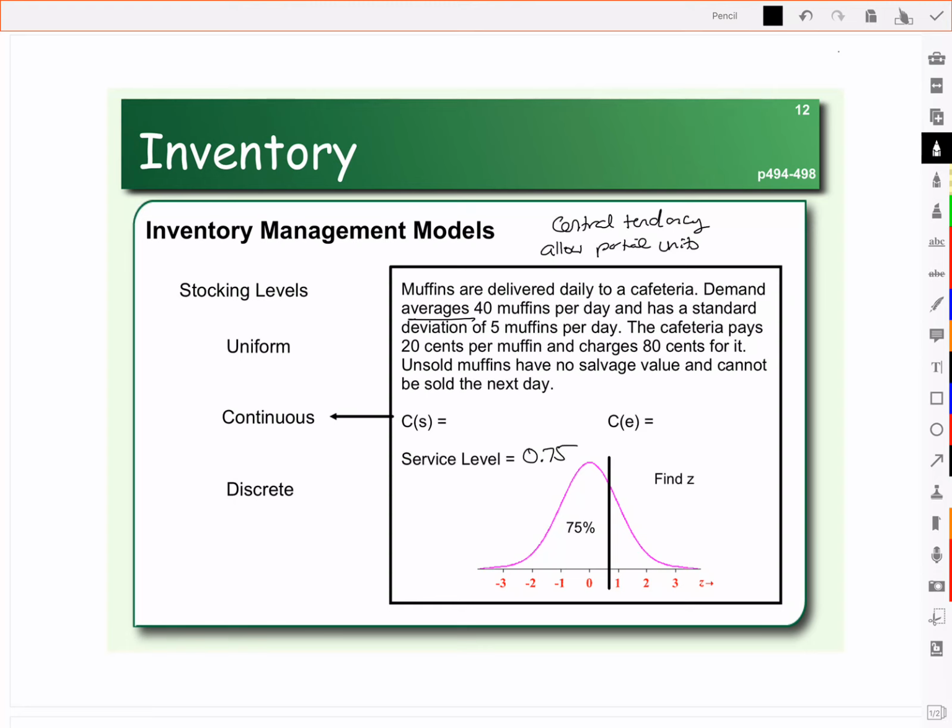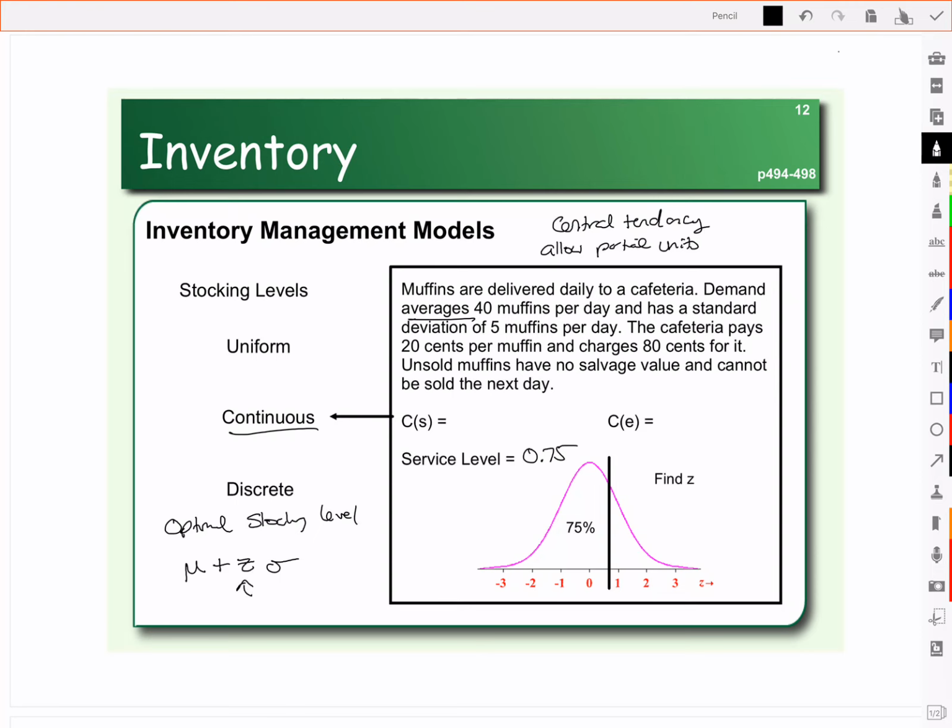The difference here is that we need to calculate that optimal stocking level, and the formula now for finding the optimal stocking level when you have a continuous distribution is when you take the average and you add a z-score times the standard deviation.